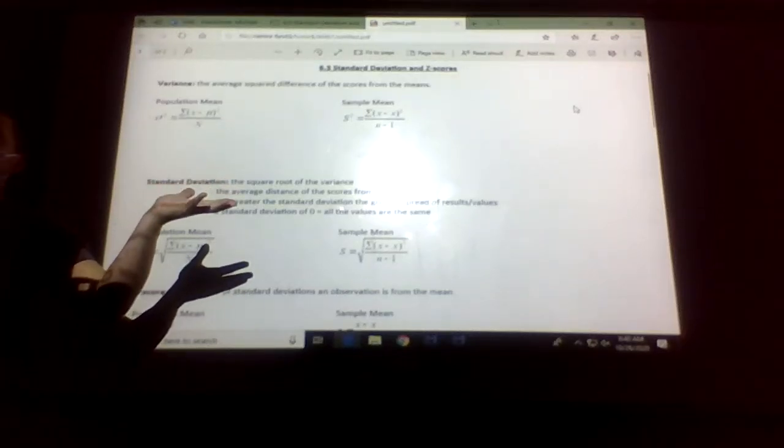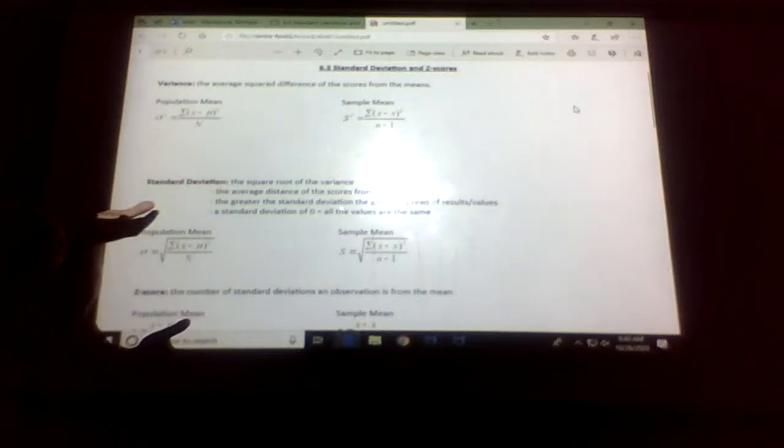So the lower the standard deviation, the better, the closer the results are. If you're doing an experiment between two things and want to see if they're correlated, the lower the number, the more correlated they are, so they're a better fit. Or if you have a massive standard deviation, that means they're not related.